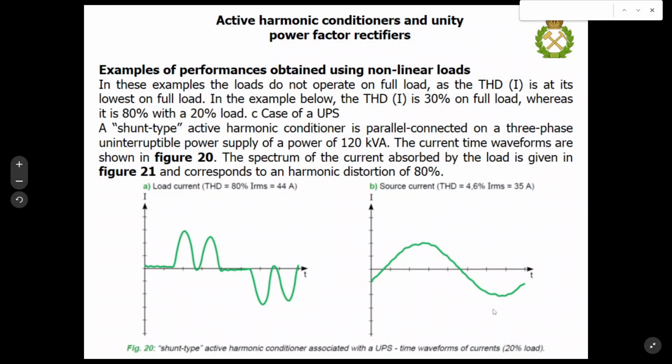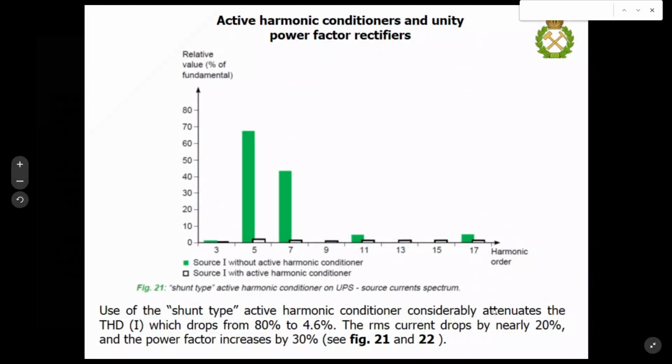And also, when we use such a filter, we have some pure sinusoidal current. For example, here you may see some examples of application of such filters. Without the filter, total harmonic distortion is equal to 80%.